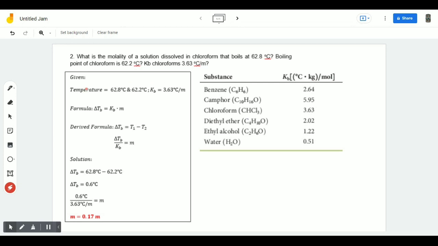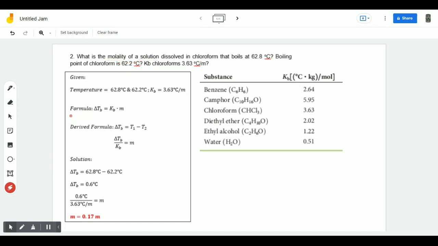So, yun. Then, ang una natin gawin is given. Ang temperature natin ay may dalawa, 62.8 degrees Celsius and 62.2 degrees Celsius. And then yung Kb natin or yung molar boiling point elevation constant ay 3.63 degrees Celsius over mole. Then, ang kailangan nating hanapin is molality of a solution or yung molality ng solution.